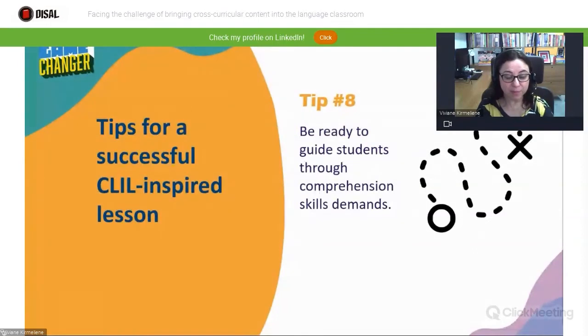They might work with a reading text, for example, that is a little bit higher than what they're used to, or a listening text that has a lot of vocabulary they are not familiar with, because you're talking about academic language. So when you create CLIL materials for your classes, make sure you include a variety of activities and tasks, always choosing from the most suitable options to support students' comprehension.